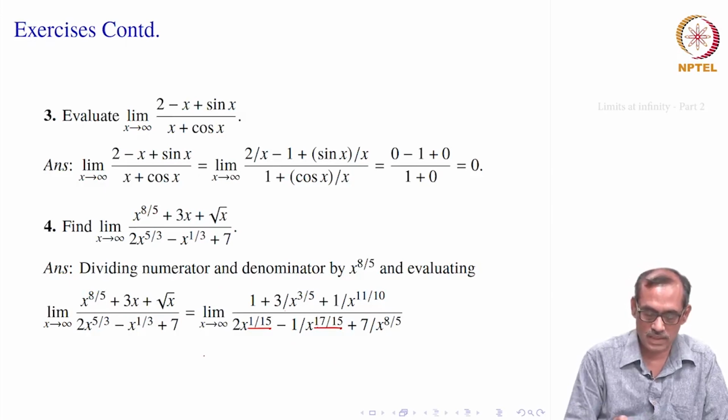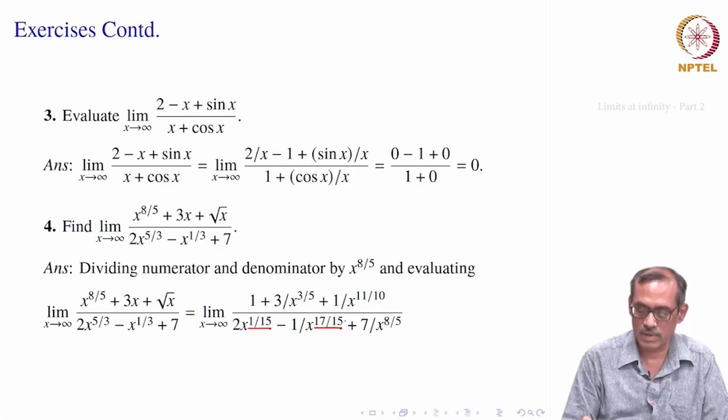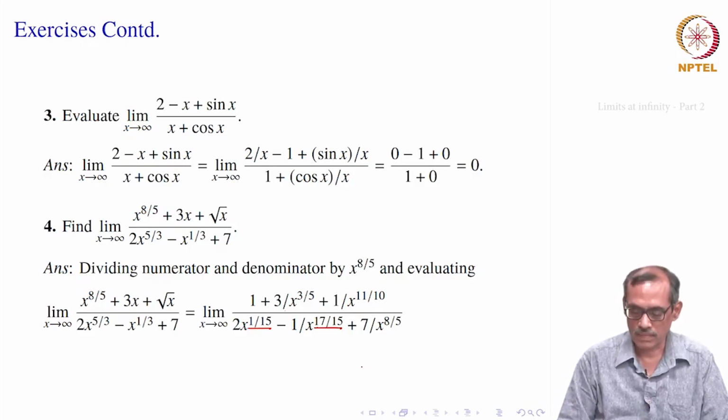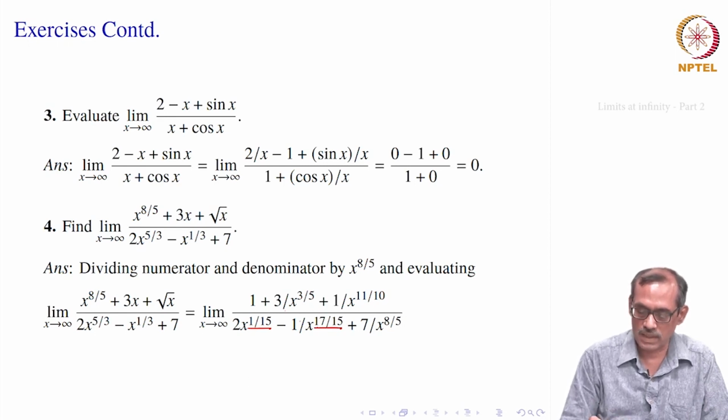So, this is 1 divided by x to the power 17 by 15. Okay. So, now we can take the limit, because once the bigger powers are there, this would go to 0, this factor also would go to 0, this factor also goes to 0, this also goes to 0.